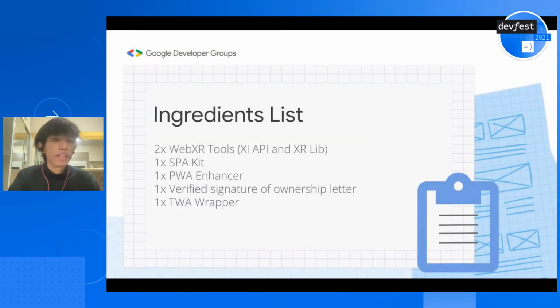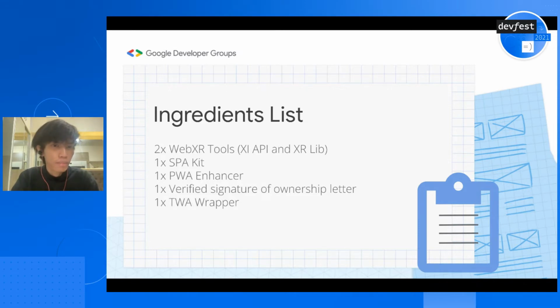Okay, so here, I'm trying to do something different. Anyway, this is the ingredients list. As you can see, before we start, we need all of this stuff. The first one is the WebXR tools, which include the XR API and XR library. Sorry for that typo. The second one is a SPA kit.